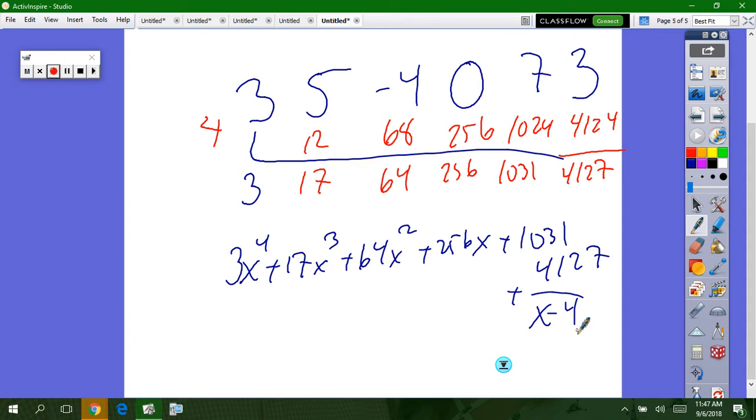Okay. If I multiply x minus 4 by this whole expression, guess what I get? Anyone want to do it? Neither do I. But it would work.